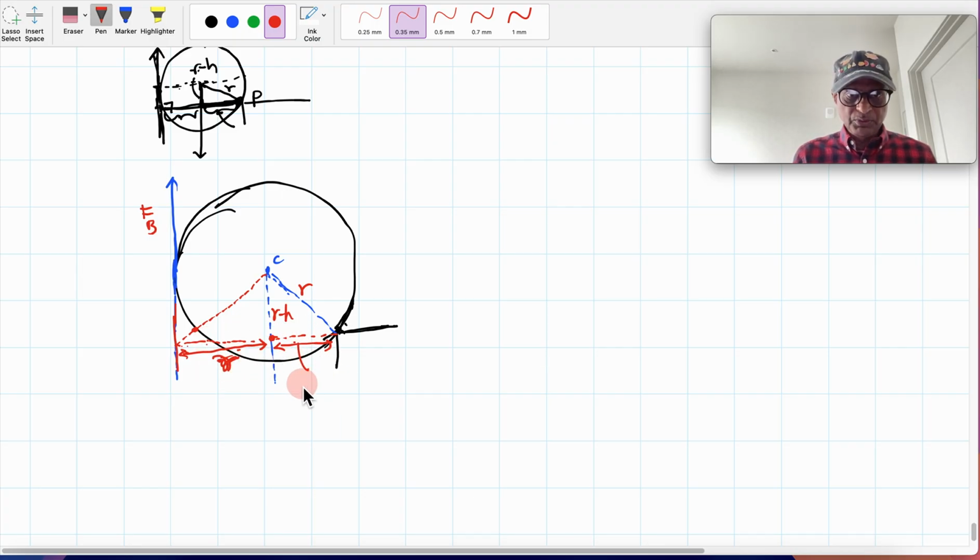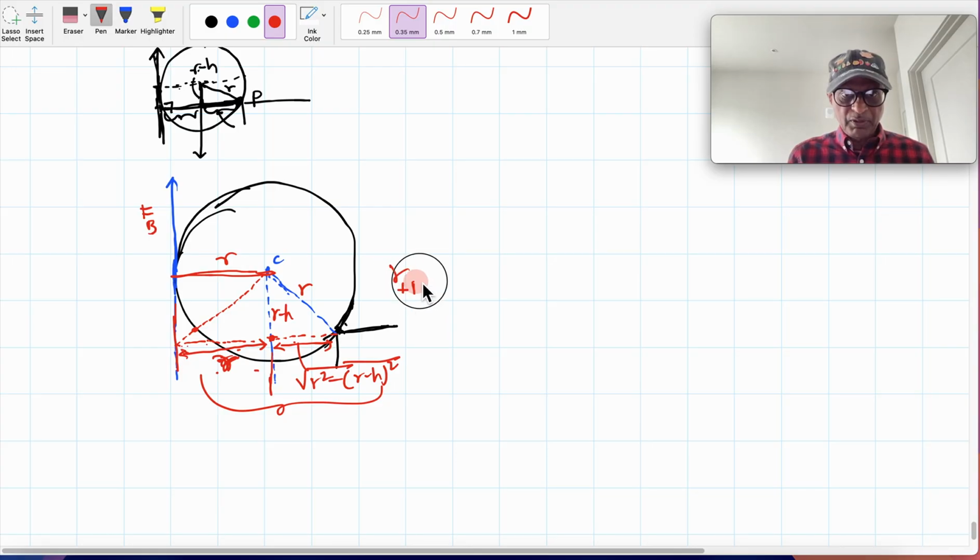So this one was the square root of R squared minus (R minus H) squared. But then this one, if you start from this line, the center line, to over here, that's just one radius. So I need to add these guys.